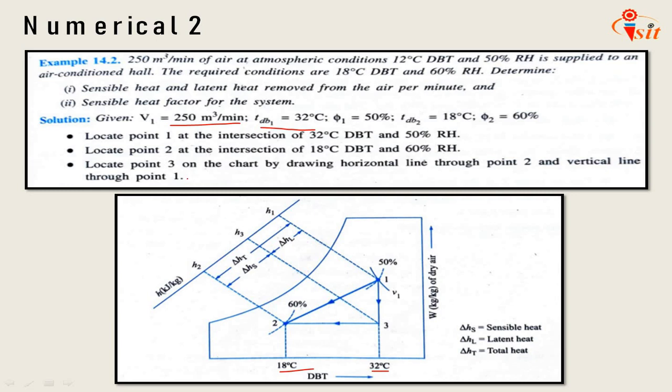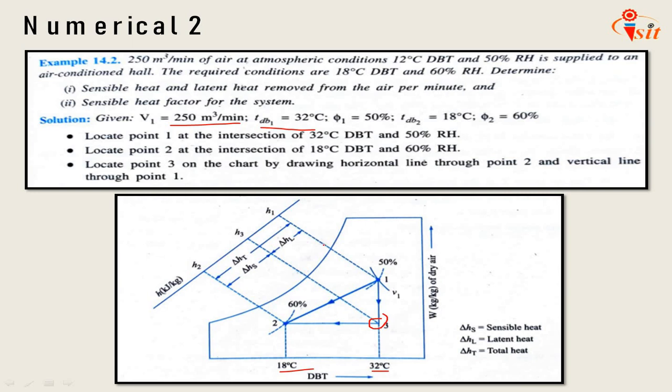Now, how are we going to locate these points? The intersection of 32 degrees and 50% RH will give you point 1. 18 degrees Celsius DBT and 60% RH will give you point 2. Now locate point 3 by drawing a horizontal line through point 2 and a vertical line through point 1. So we will get point 3.